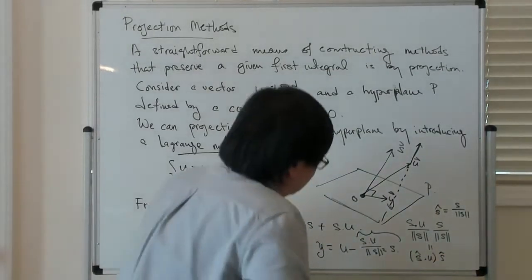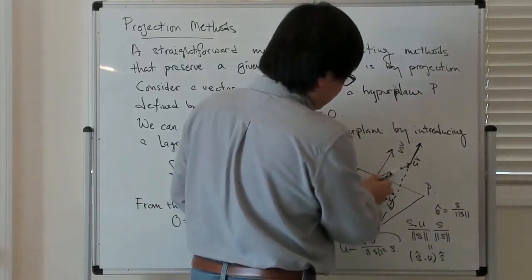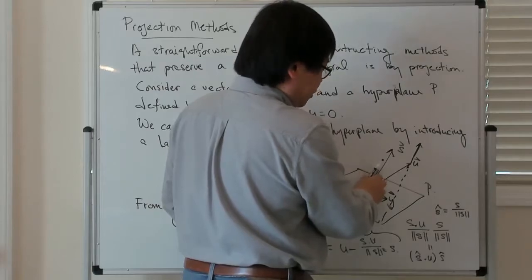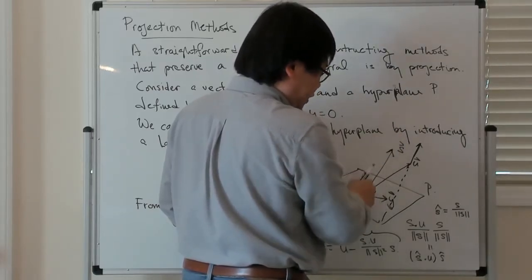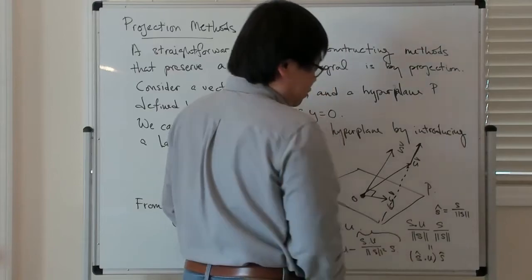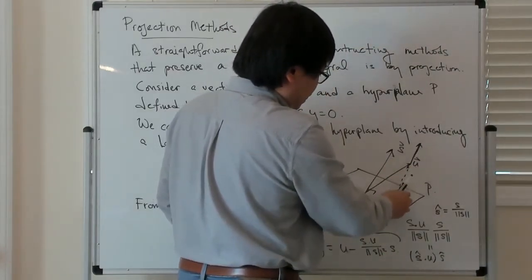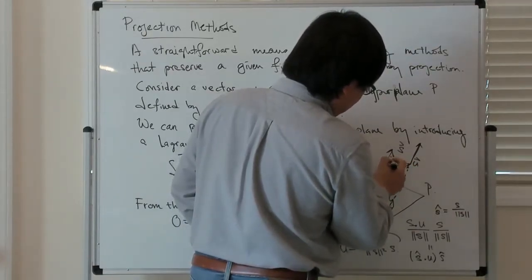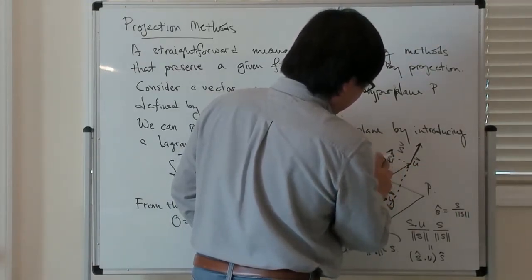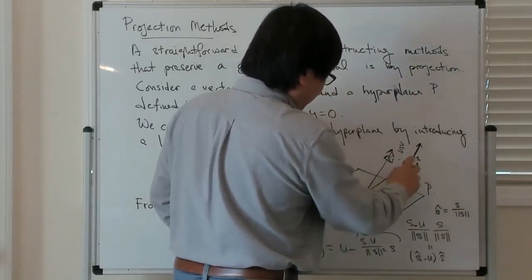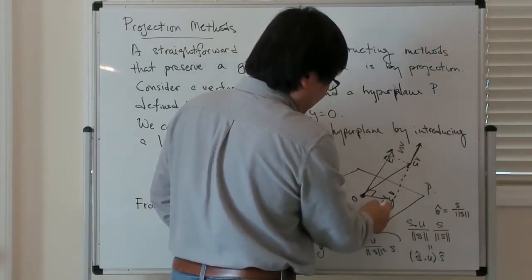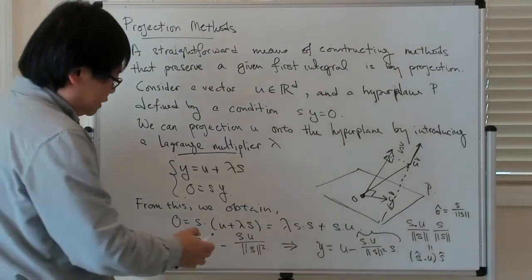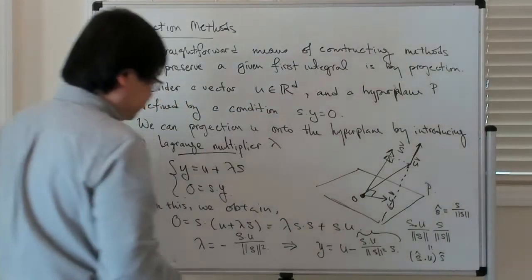This is nothing more than saying that you take this u vector and take the magnitude of its component in this s direction, which is what s hat dot u is, and then look at the vector associated with that. This is the projection, and then you just shift it down by that amount so that you end up on this hyperplane P. That's basically what is happening here.